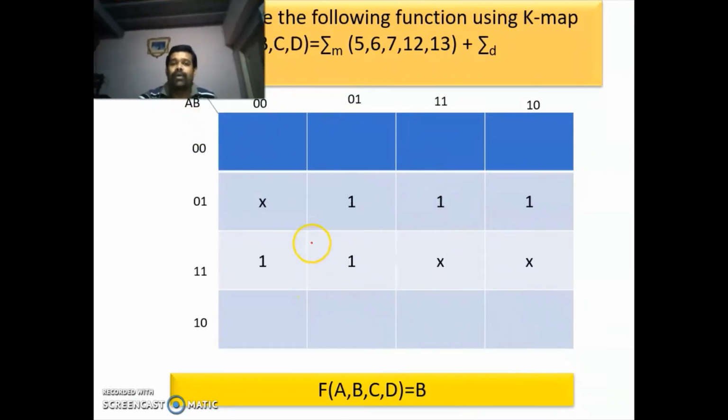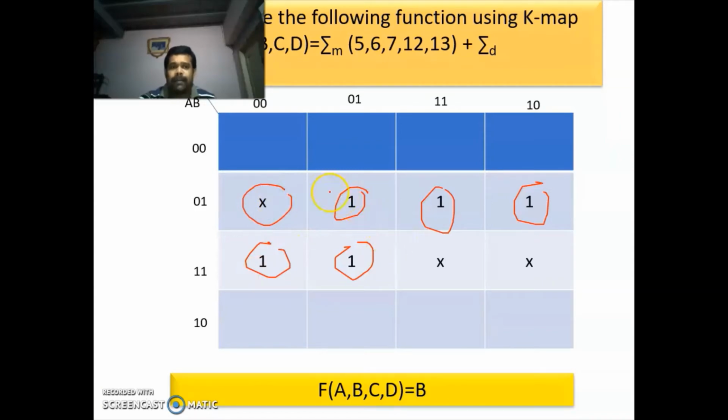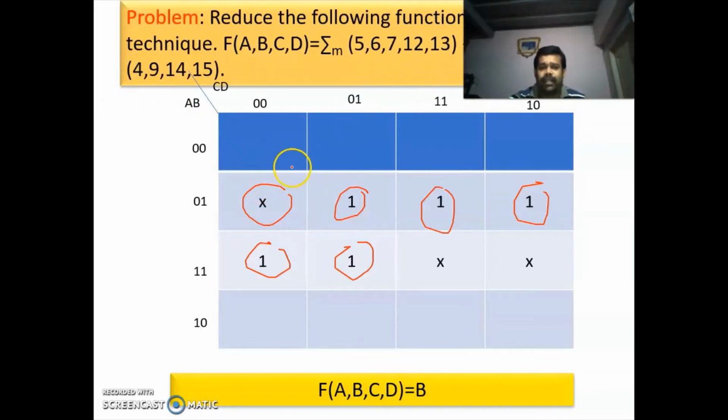Then we go for grouping. We can consider don't cares as 1 if we have some benefit from considering that X as 1. Here you have ones in these places, and the don't cares at 4, 9, 14, 15.